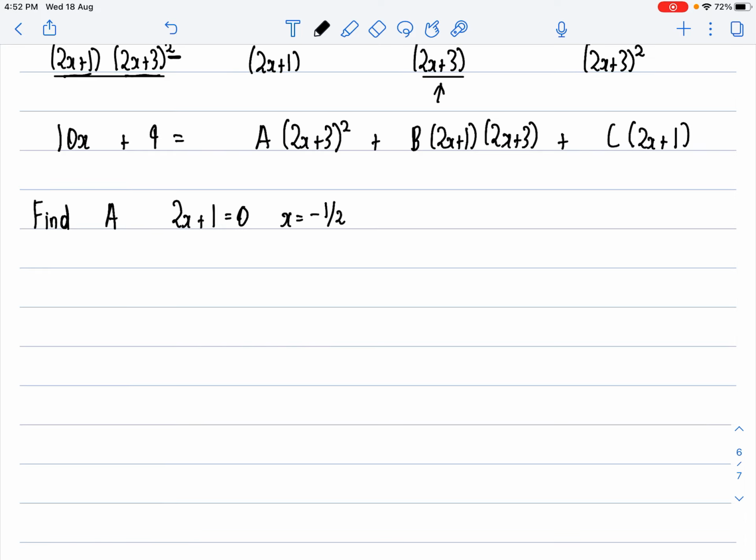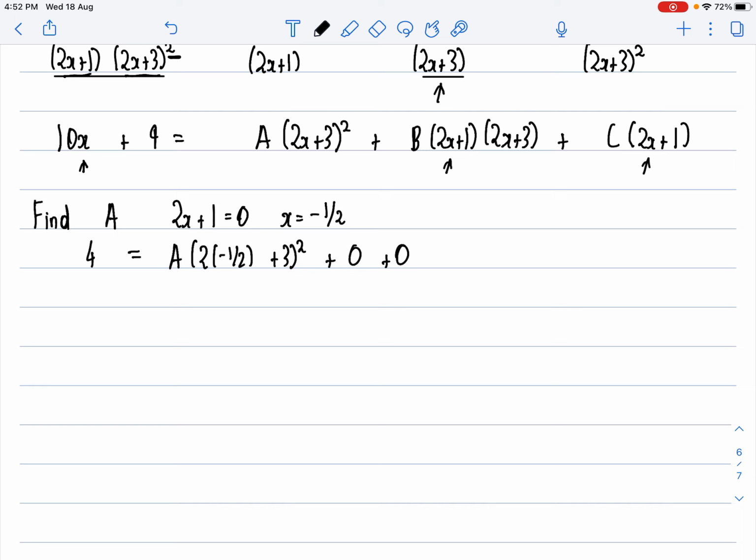So when I put the value of minus half here in the left hand side, I get the value basically as 4, correct? Because it's basically minus 5 plus 9, which is 4, which is equal to a into (2 into minus half plus 3) the whole square, plus, when I put minus half here and here, I basically get 0 plus 0, correct?